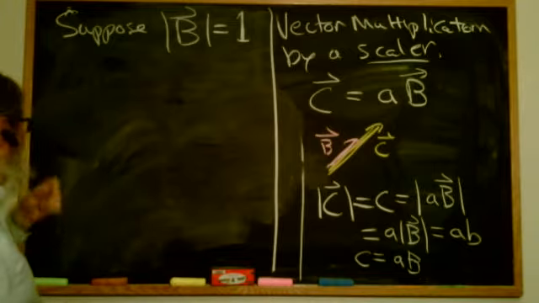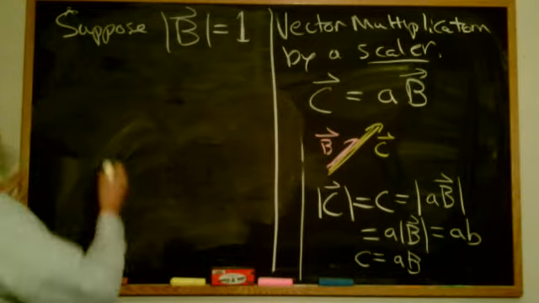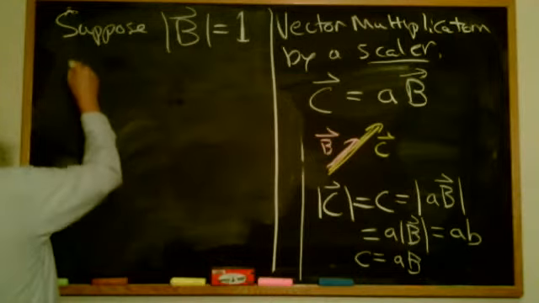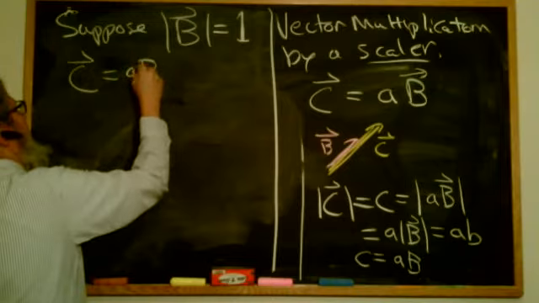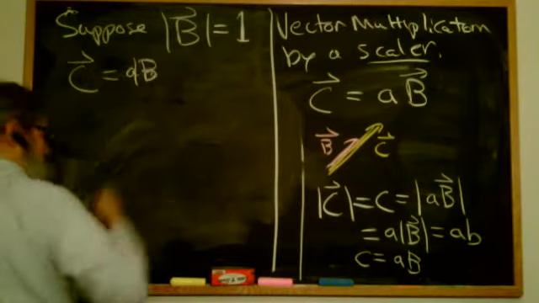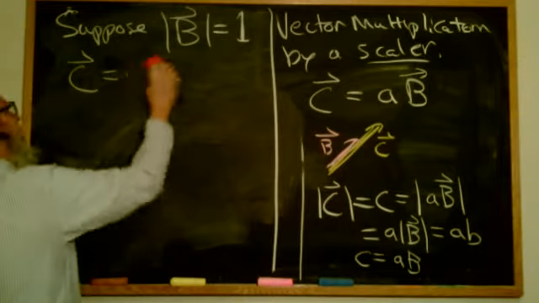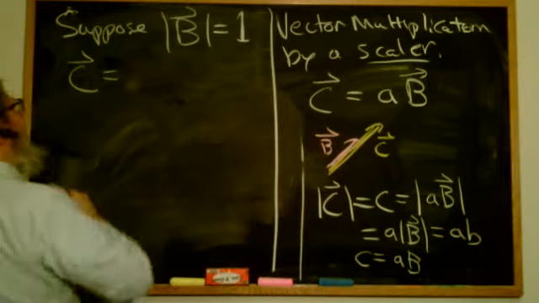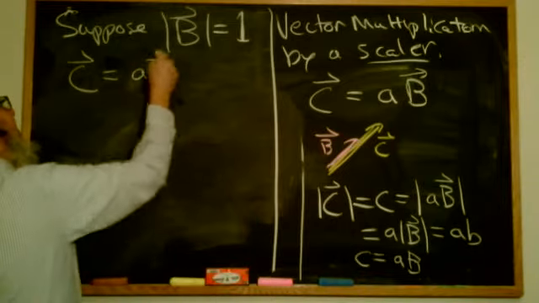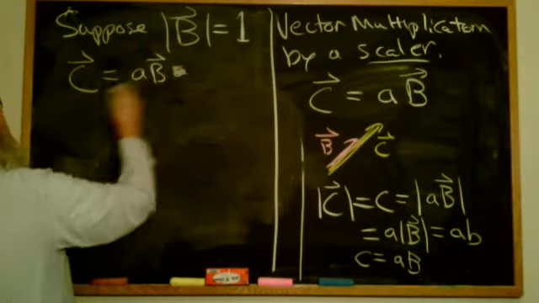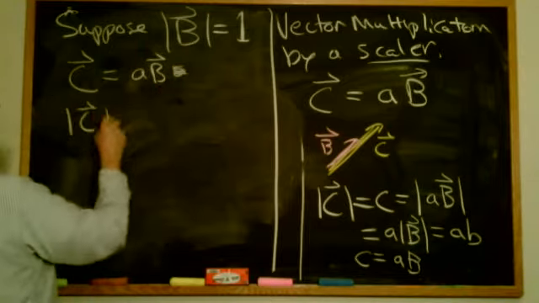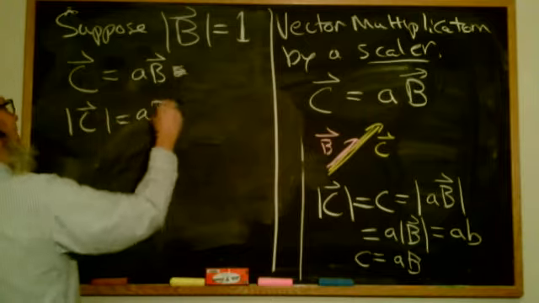And so if that's really true, then if I define a vector c, which is just equal to a times b, a vector a times b, then it must be true that the magnitude of c is just equal to the magnitude of a times b.